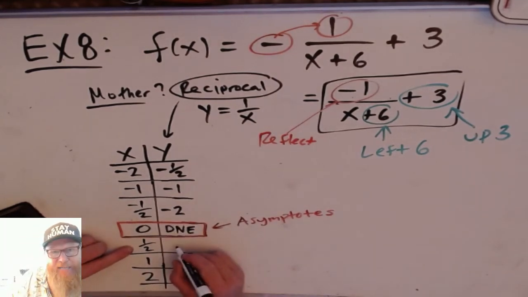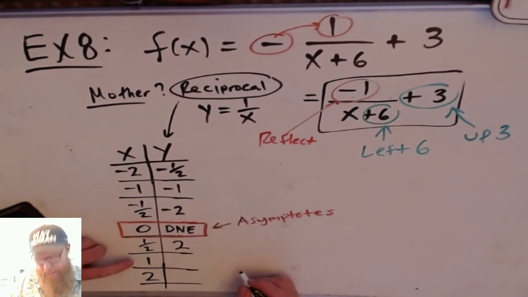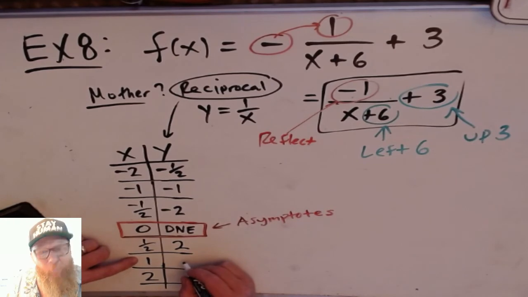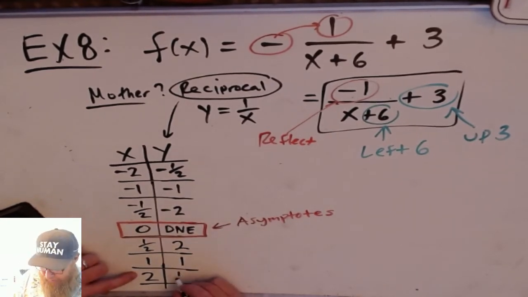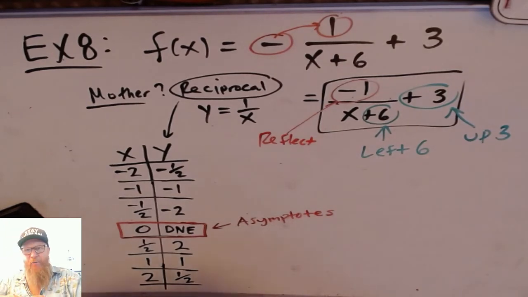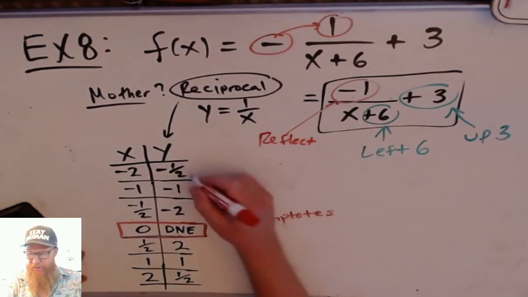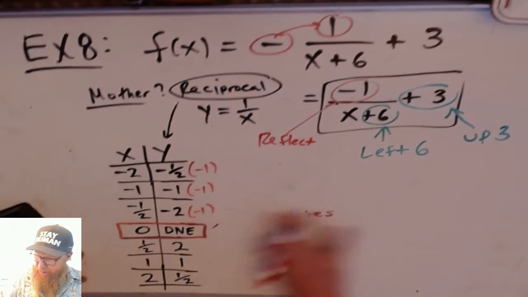Finish filling out the table. The reciprocal of 0.5 is 2. Reciprocal of 1 is 1. The reciprocal of 2 is 0.5. Okay. So we're going to do our reflections first. Multiply everybody by -1.